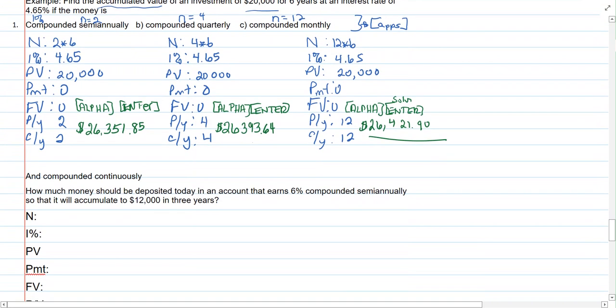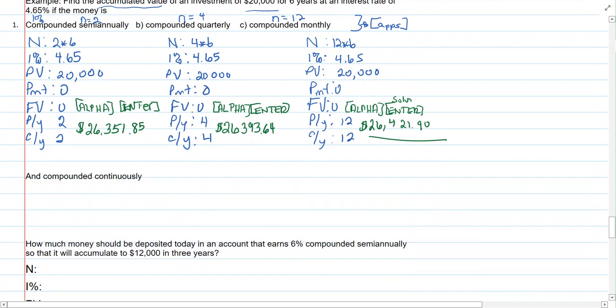Well, now we're going to do one compounding continuously. And we have to use the formula of A equals Pe raised to the rt. Now here, r has to be in small form.